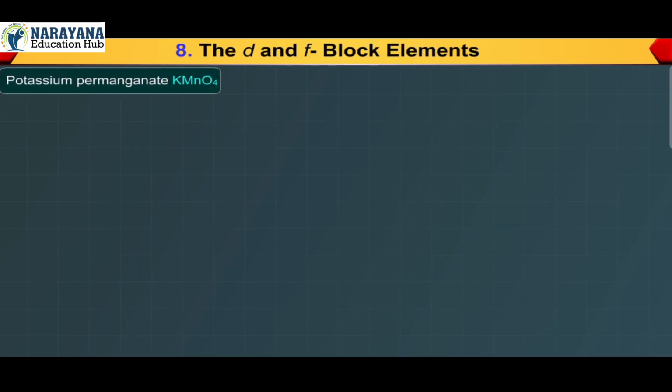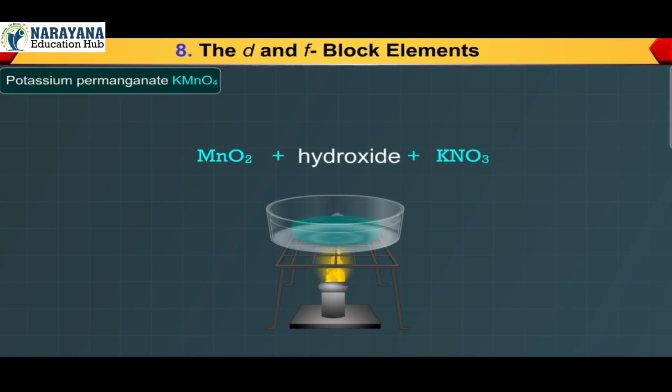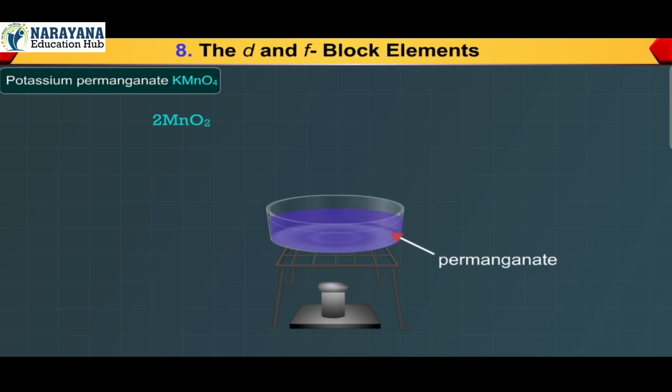Potassium permanganate, KMnO4. Potassium permanganate is prepared by fusion of MnO2 with an alkali metal hydroxide and an oxidizing agent like KNO3. This produces the dark green K2MnO4, which disproportionates in a neutral or acidic solution to give permanganate.